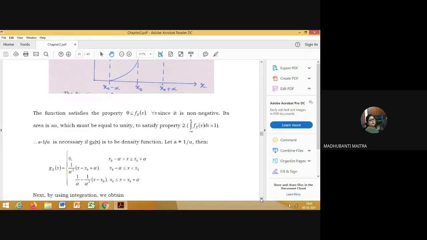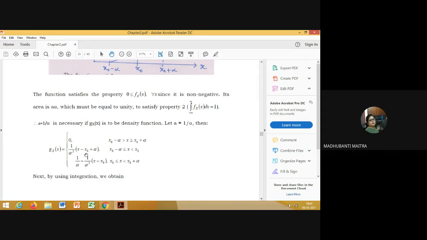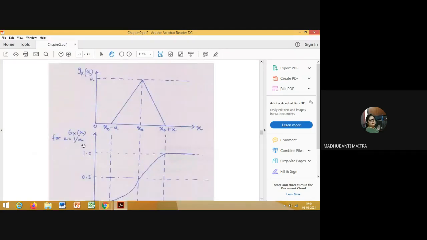So from the nature of the plot given, we can write down the expression of g(x) for these regions. So 3 regions. This is one region, this is the second region and this is the third region.